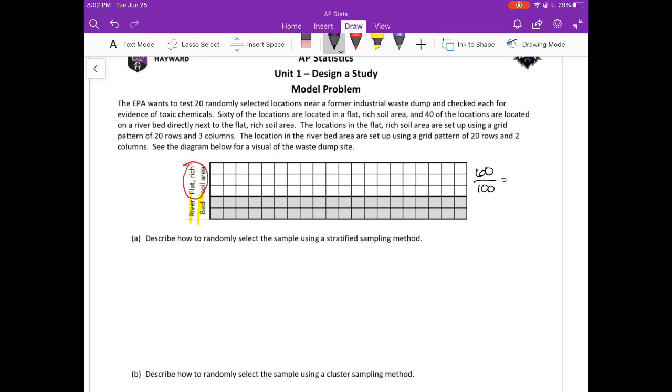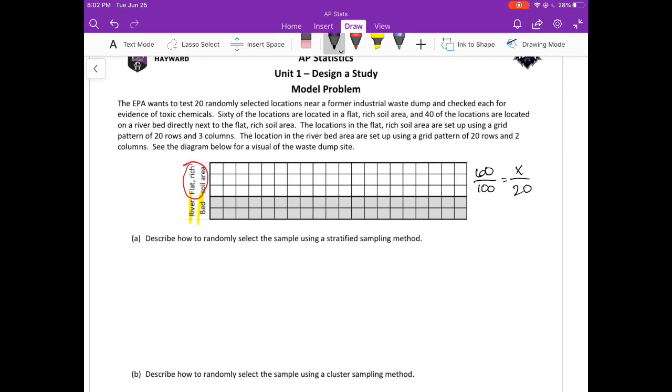So there's 60 plots out of the 100. And we're trying to figure out how many plots out of the 20 would make that proportion the same.